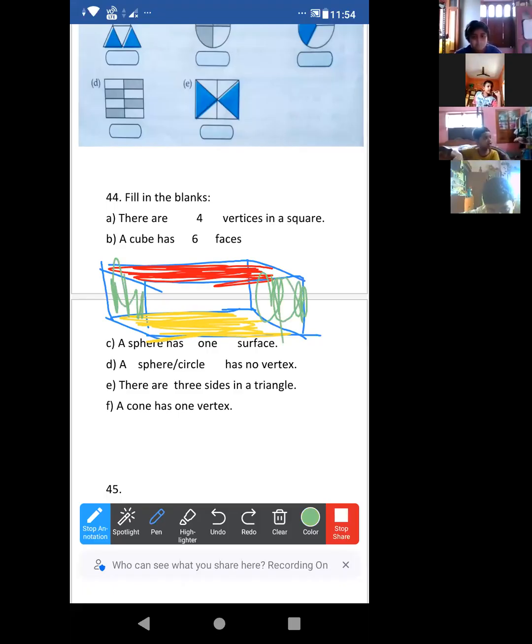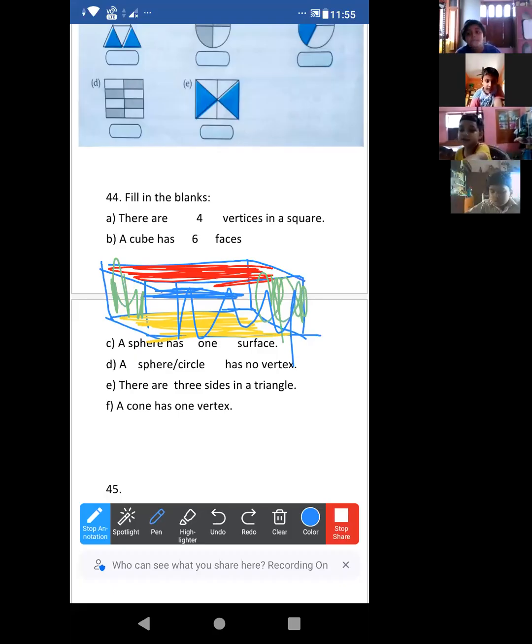Now look at this. The back side and the front side. You can check the room where you are sitting. The front side, the back side, the left side and the right side. There are four walls. Yes or no?